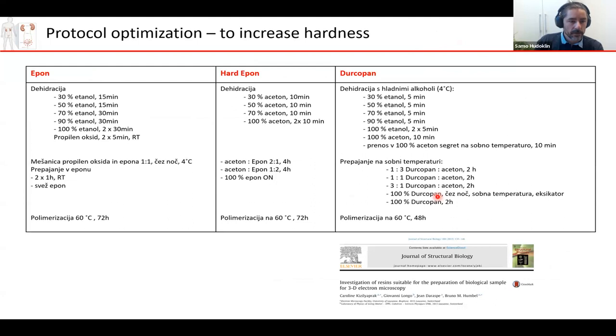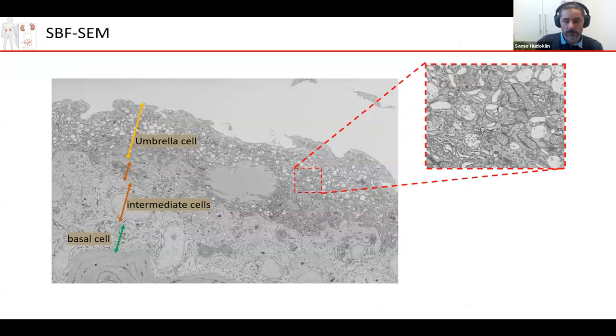And then we tested several embedding media like EPON, different formulations of EPON, Durcupan, and so on. And then in the end, we saw success, and we succeeded in analyzing the sample. So here's one of the examples of what we obtained.